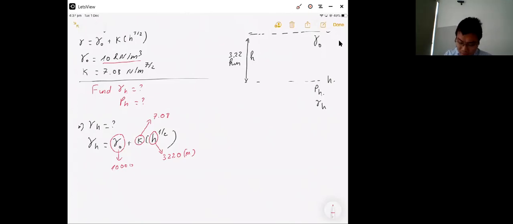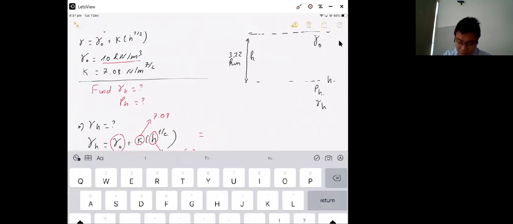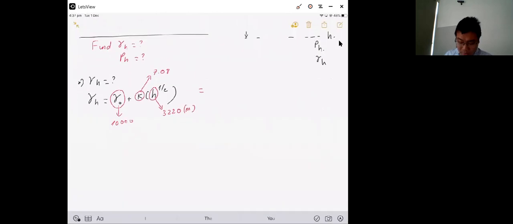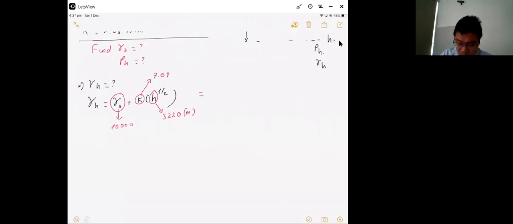So in here the weight density result is around 10,400 newton per meter cube.